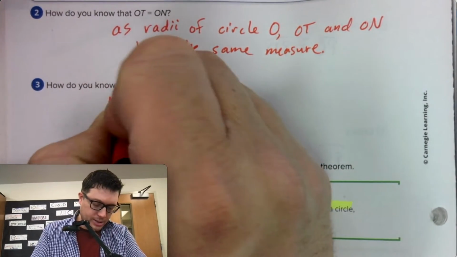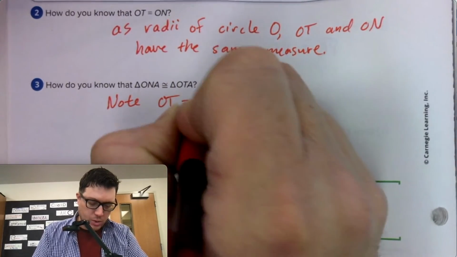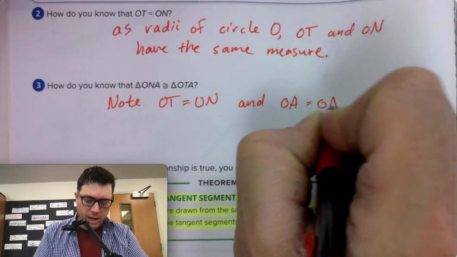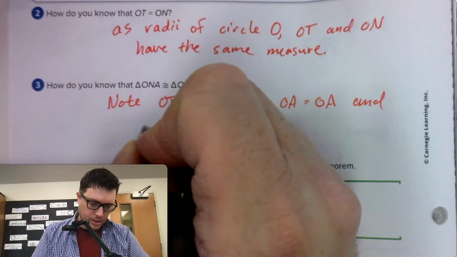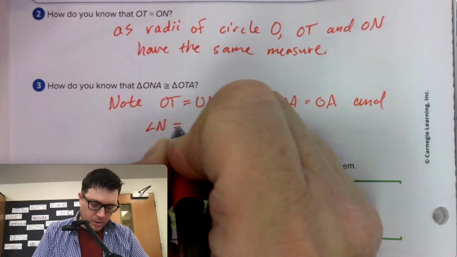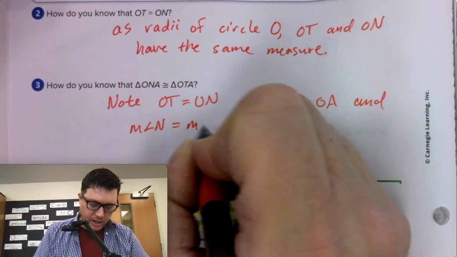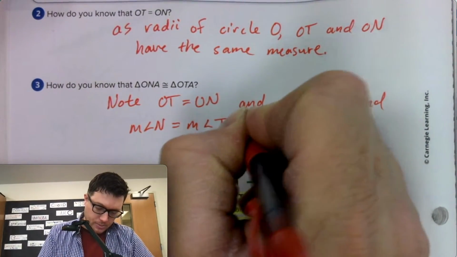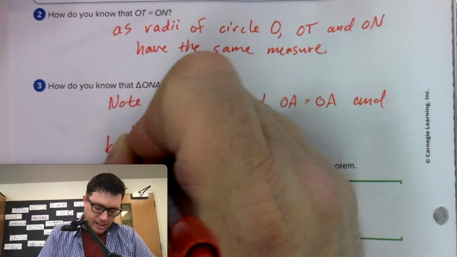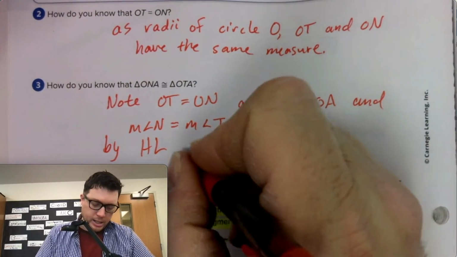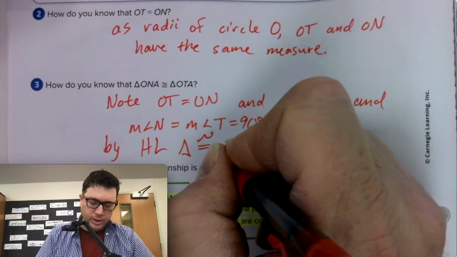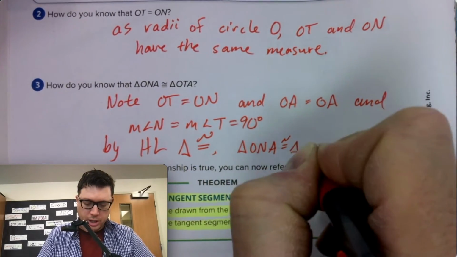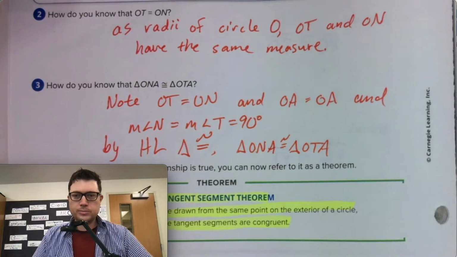So notice that OT equals ON and OA equals OA, and the measure of angle N is equal to the measure of angle T, because they're 90. By hypotenuse leg triangle congruence, triangle ONA is congruent to triangle OTA. And that's the proof.